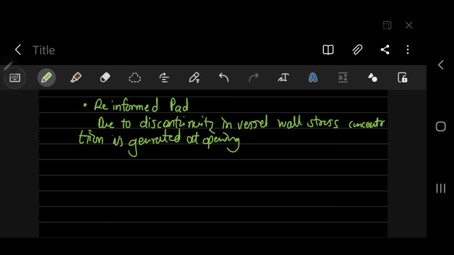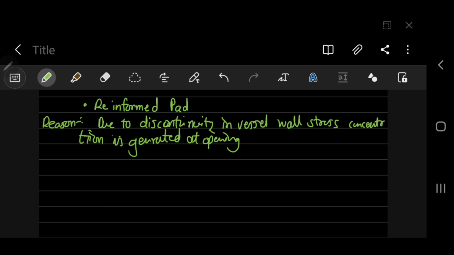The reason we are using a reinforcing pad is due to a discontinuity in the vessel. At a particular point there is stress concentration. So to avoid the failure of material due to stress concentration, a reinforcing pad is provided.